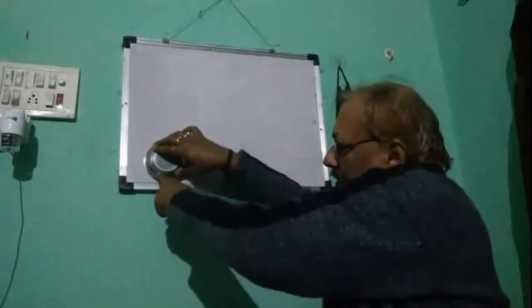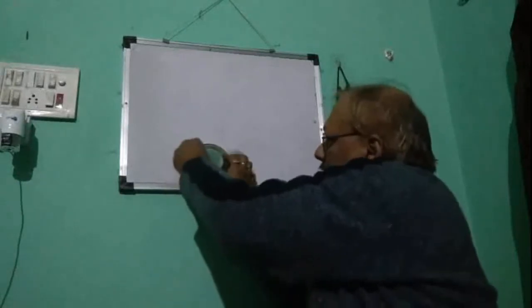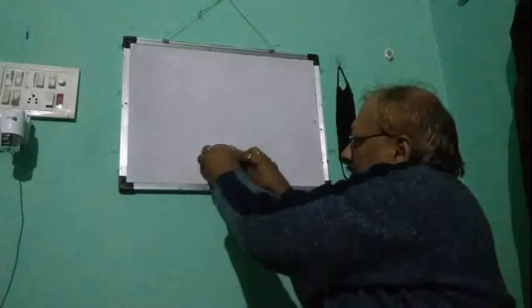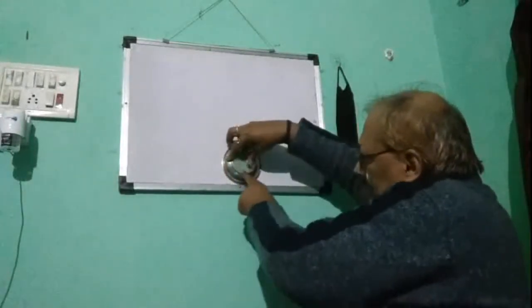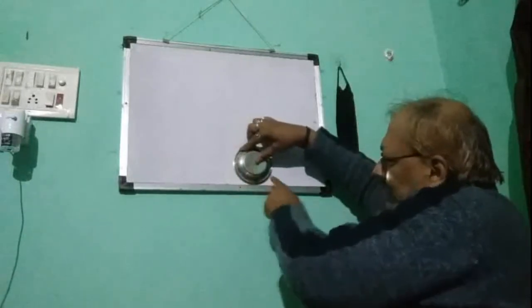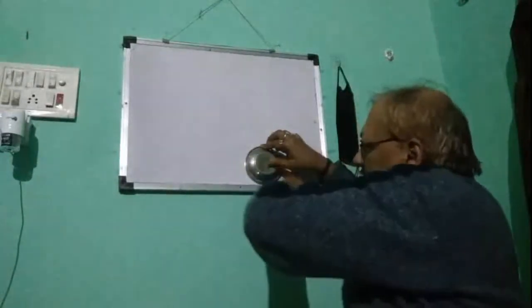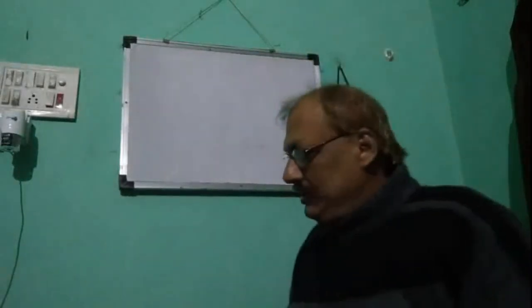Look how it is going. Here it is, you can see like this. So it goes like this, isn't it? So this locus is called a cycloid.